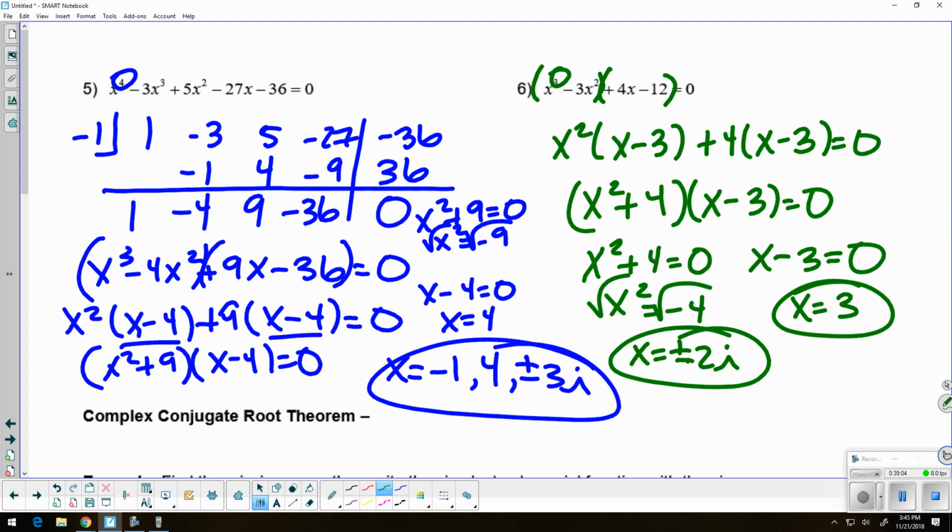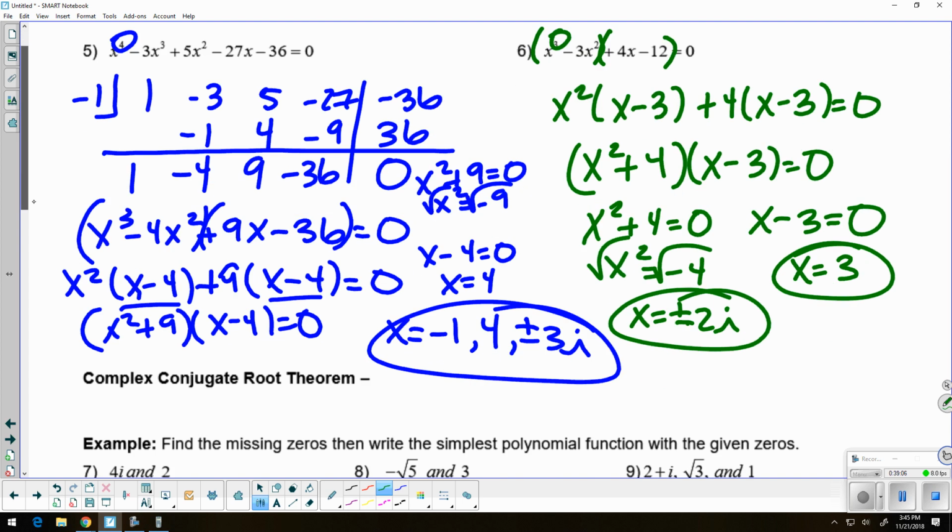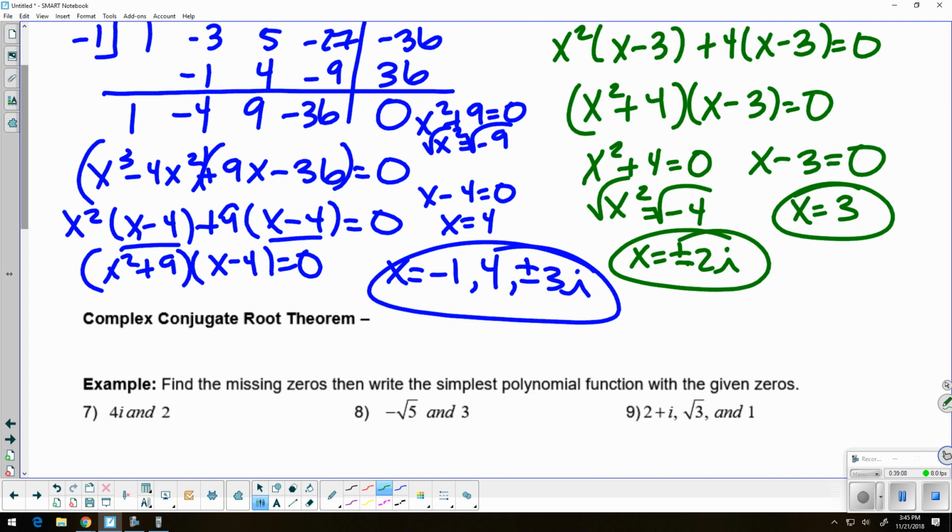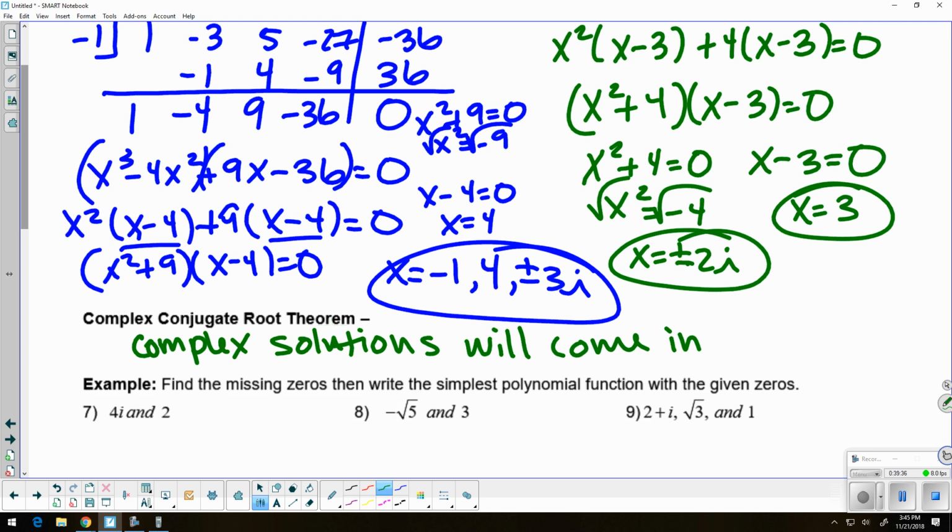As you've noticed, the complex conjugate root theorem: complex means basically imaginary. Conjugate, again, we know what conjugates are, and roots are just the solutions. So same thing as the irrational root theorem, same idea. When you have a complex solution, these come in conjugate pairs.